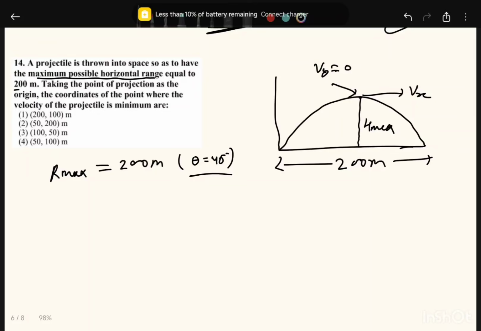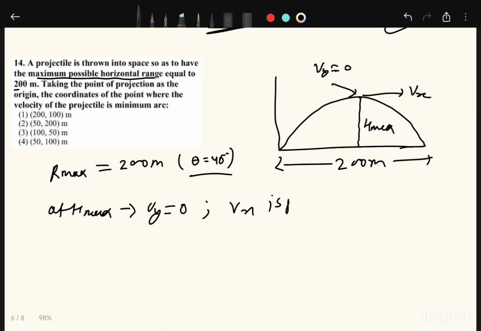Now we can see, at h max your Vy is zero, so only Vx is present there. So velocity will be minimum at what point?